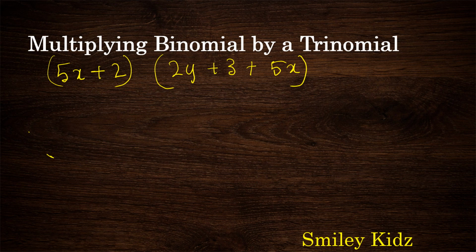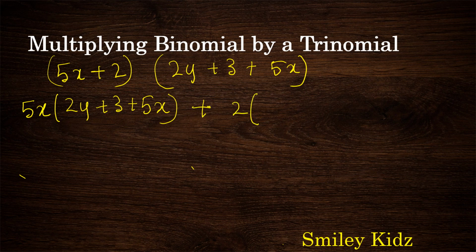Take each term of the first expression and multiply it with the second expression. That is, you're going to multiply 5x with 2y plus 3 plus 5x, and again multiply 2 by 2y plus 3 plus 5x.